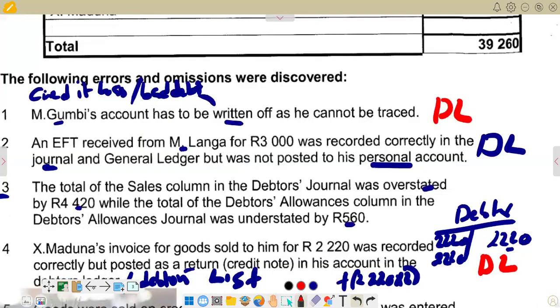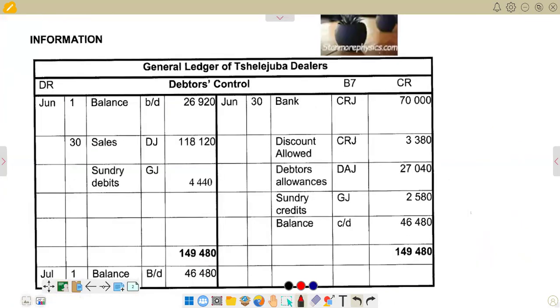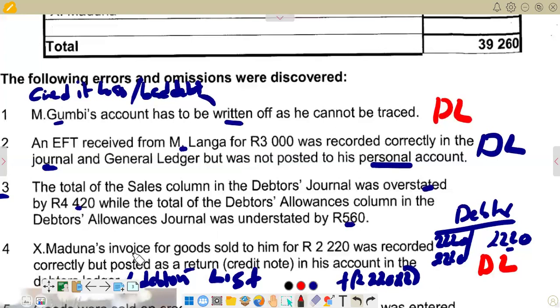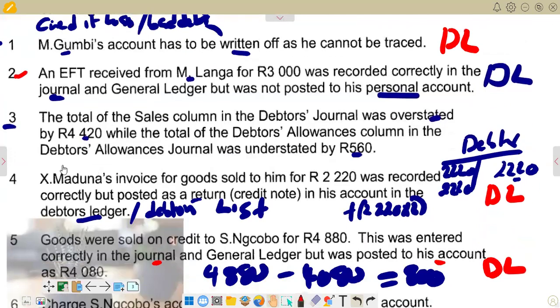So we go there. The next one that is affecting the debtors list is item 4. Item 4 is saying ex Maduna's invoice for goods sold to him for 2,220 was recorded correctly but posted as a return or credit note in his account in the debtors ledger.